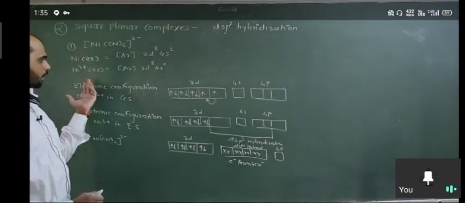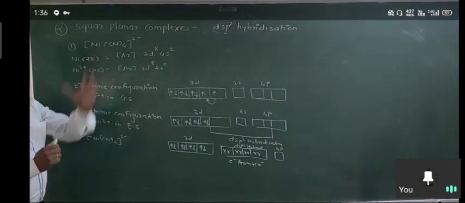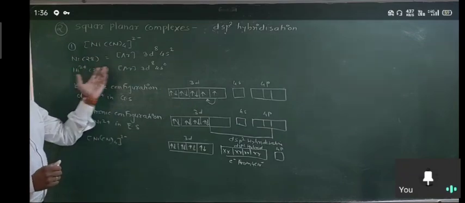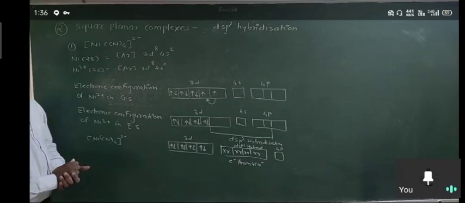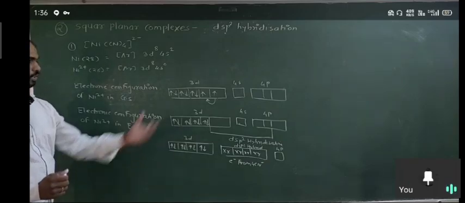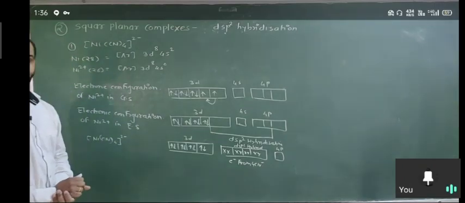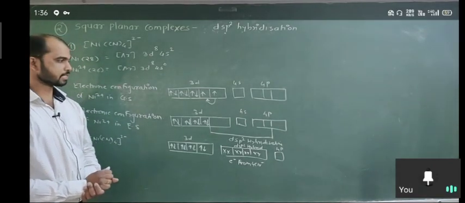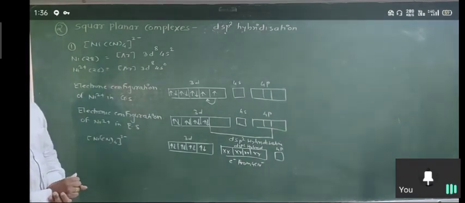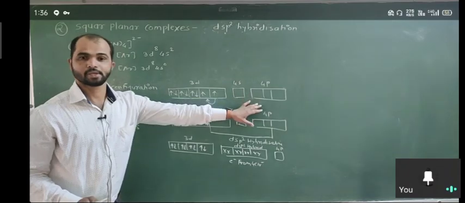So you can explain in words: in Ni(CN)4 2 minus, Ni2 plus has 3d8 and 4s0 outer electronic configuration. There are 2 unpaired electrons in the 3d orbital which undergo pair up due to the strong force or strong pairing energy provided by the CN minus. So one of the d orbitals is empty, 4s is empty and 4p is empty.